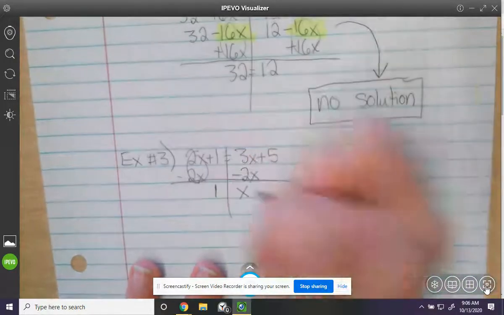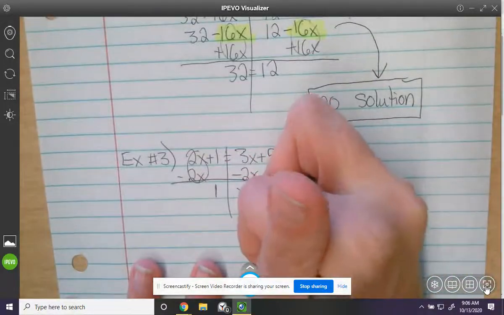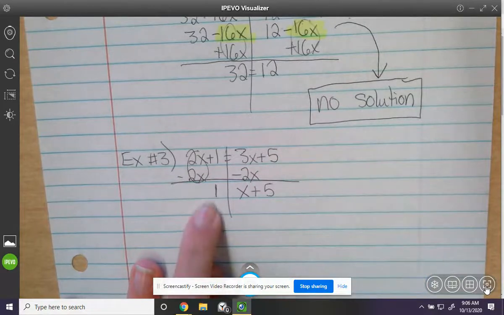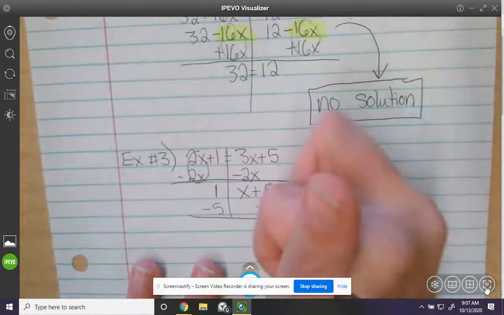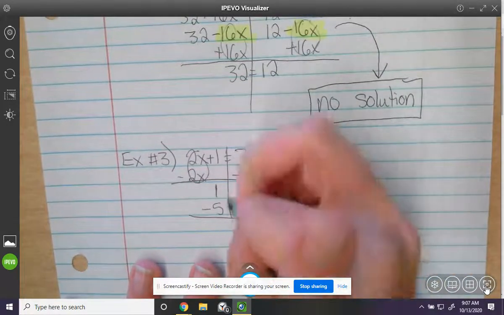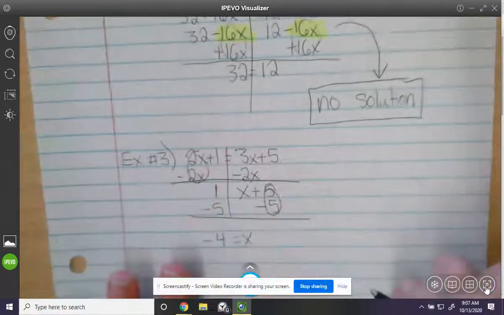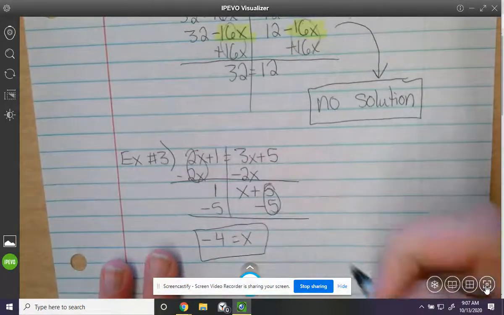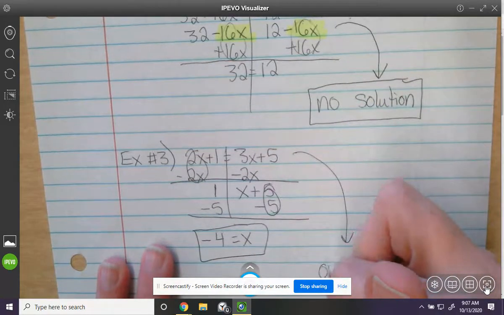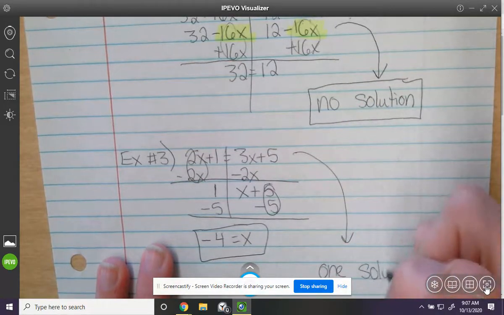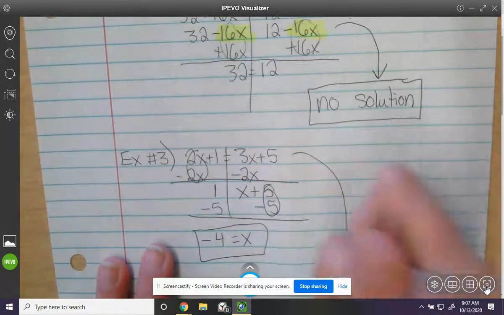I'm left with just x plus 5 on this side. There's a number left alone, so I have to move my number over here. To do that, I would subtract 5. So x equals negative 4. For today's lesson, if nothing is the same, then my answer is going to be one solution. Only one answer will work for this one.